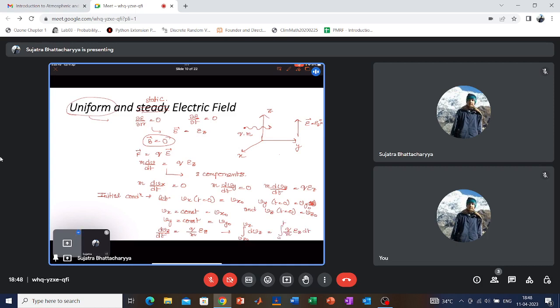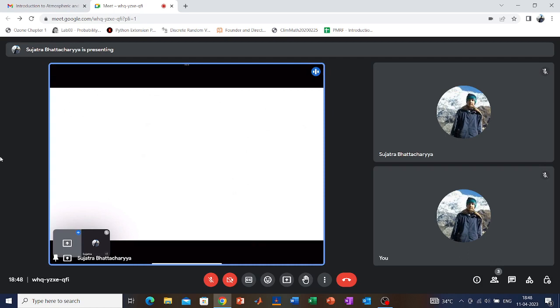Just writing the expression, what I will get is Vz minus Vz0 equal to q by m Ez into t. So Vz becomes Vz0 plus q by m Ez into t. You can see that Vz shows a linear relationship with time.